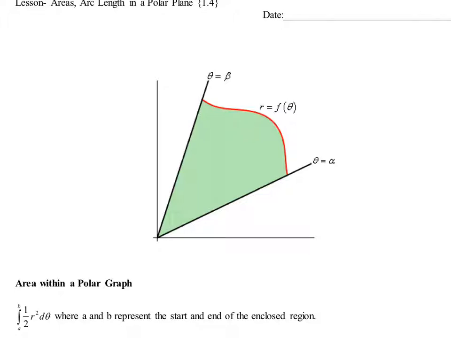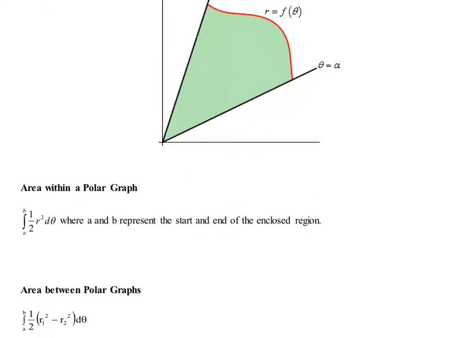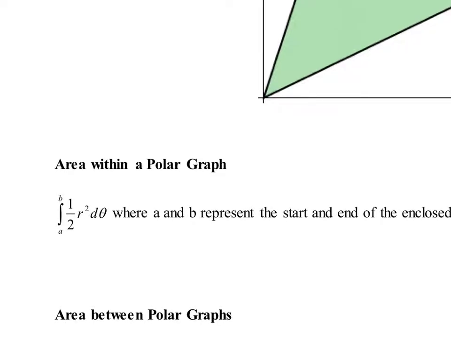So what we're looking at here in terms of a formula, this bad boy, 1/2 r squared d theta. All right, this is a variation of 1/2 r squared theta, which should sound really familiar if it was a topic taught in your pre-calc class.